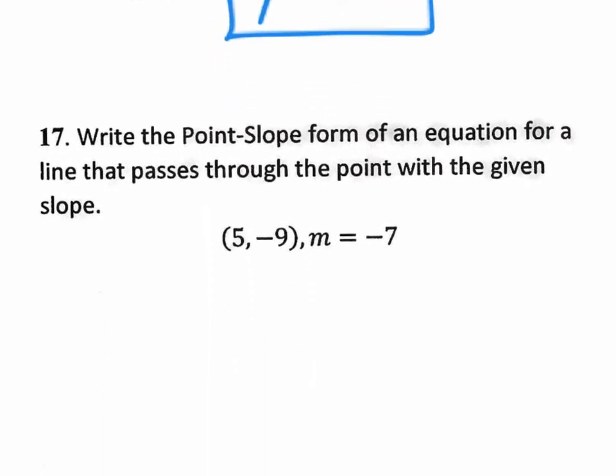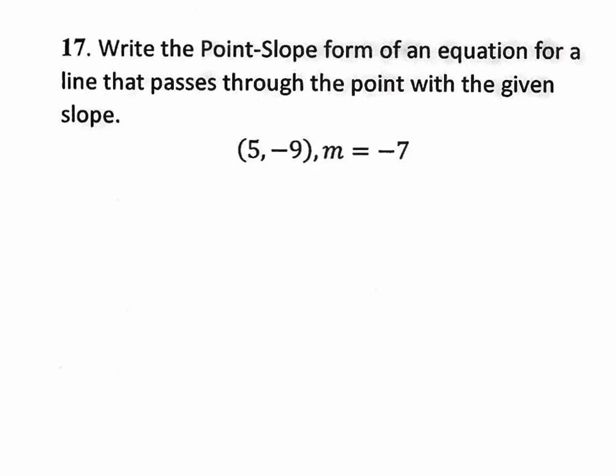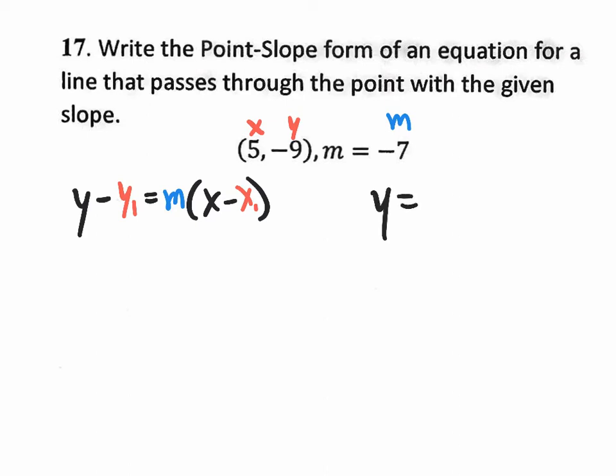Number 17. Write the point-slope form of an equation that passes through the point with the given slope. Okay, so this is pretty straight up as well. You could say this is a point and this is a slope, which means I could use point-slope form. Or you could just plug it all into y equals mx plus b to solve for b.